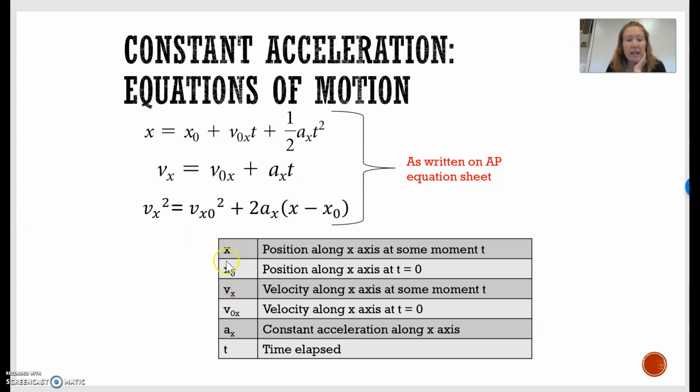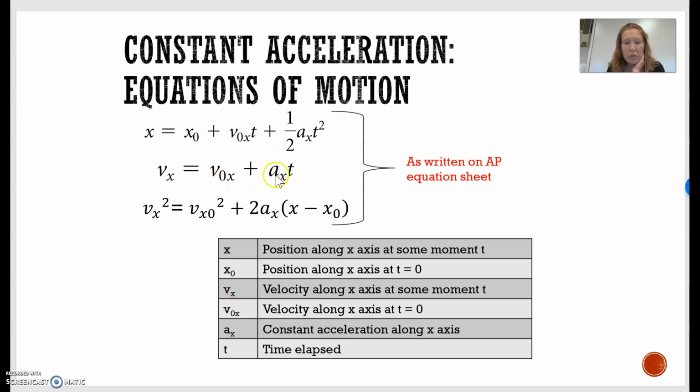We have x, meaning x as a function of time, x of t. X0 means where was this thing when time began, when time was equal to 0. Vx is v of t, is the way we have been using it. V0x refers to how fast it was moving at time 0, or velocity at time equals 0.